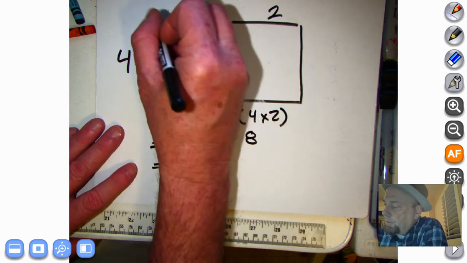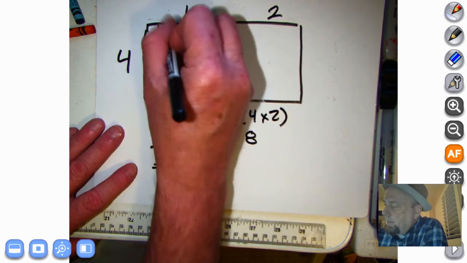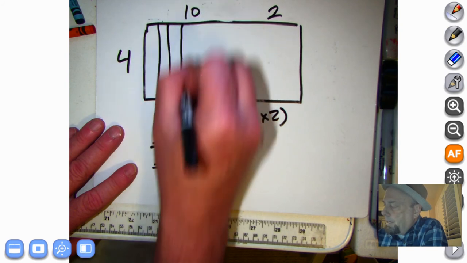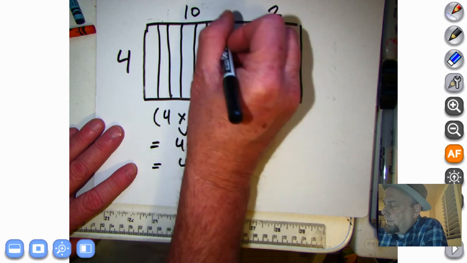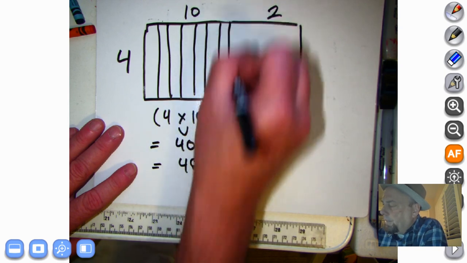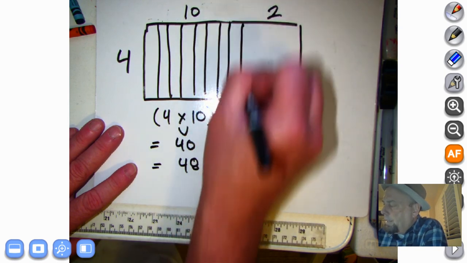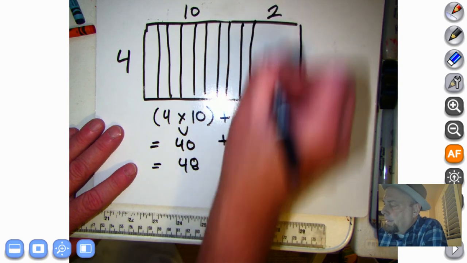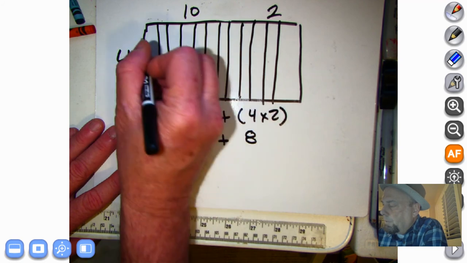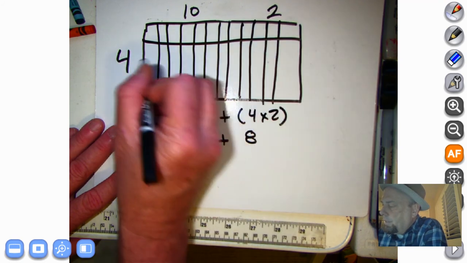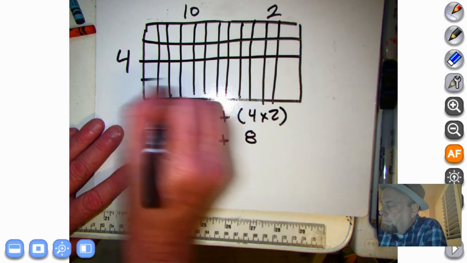Let's figure it out. We'll do 12: 1, 2, 3, 4, 5, 6, 7, 8, 9, 10, 11, and 12. And then we'll do 4 this way: 1, 2, 3, and 4.